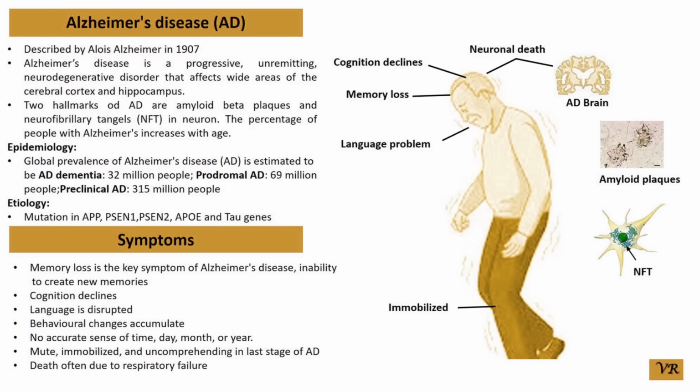Risk factors include old age, that is greater than 60 years, family history, female gender, lifestyle and health factors, and genetics. Mutations in genes like APP, PSEN1, PSEN2, tau and ApoE4 are linked to Alzheimer's disease.